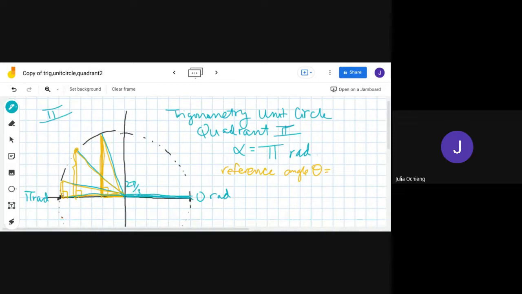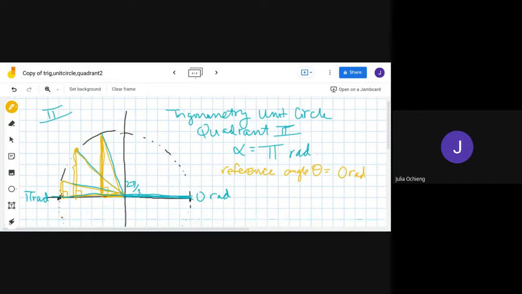So basically the triangle collapses on itself so that the sine value is 0. Okay, so for pi radians, the reference angle, if you want to say that, is 0 radians, but there is no real triangle there because it collapses on itself.